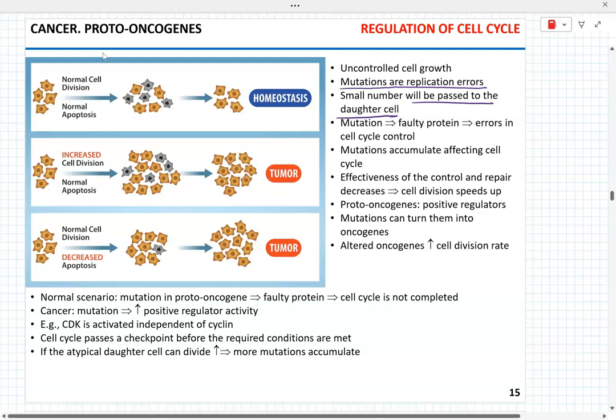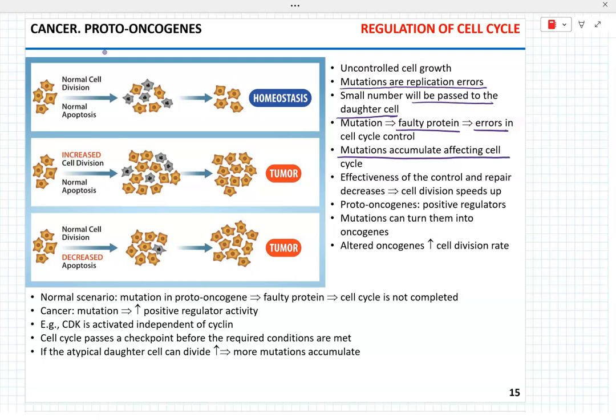If a mutation is in the gene for a protein that controls the cell cycle, the protein will become faulty, which will produce errors in the control of the cell cycle. So if mutations that affect the cell cycle accumulate, that decreases the effectiveness of cell cycle control and repair, which means cellular division will speed up.